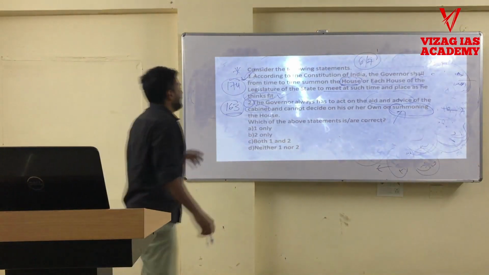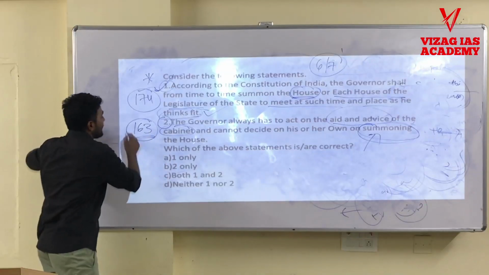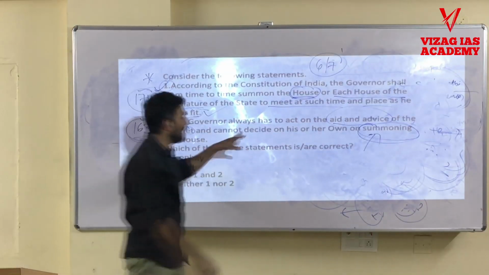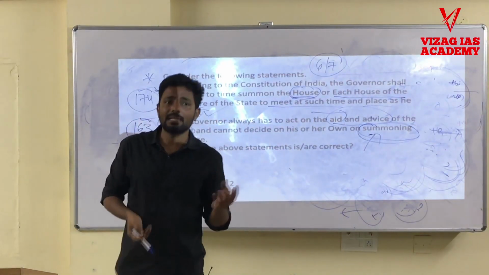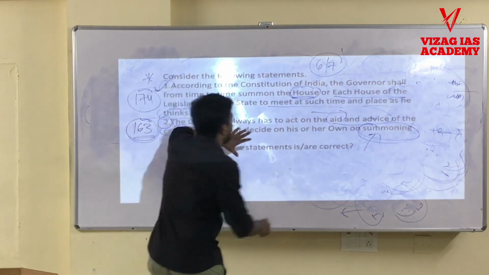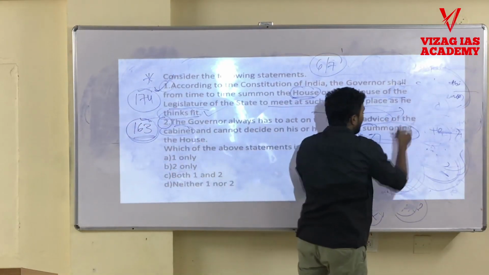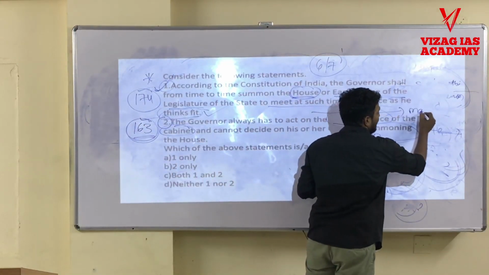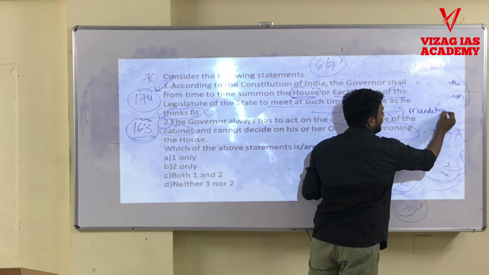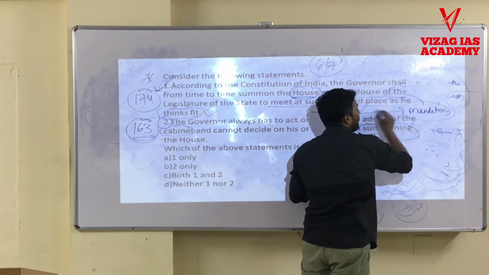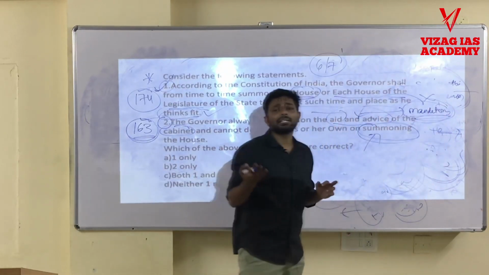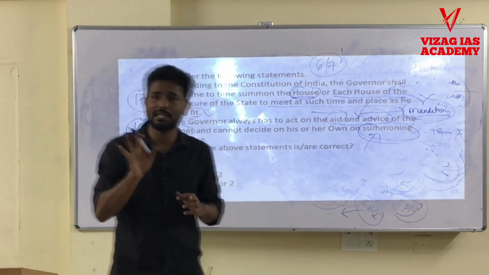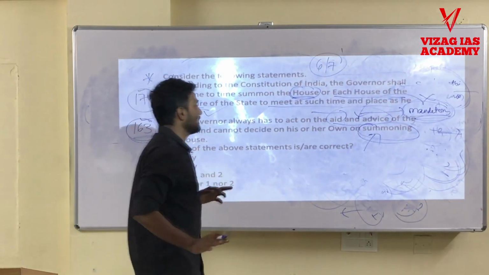So under ordinary circumstances he has to seek the aid and advice, but under certain circumstances this is not mandatory. The aid and advice tendered by the cabinet is not mandatory. Usually he has to follow, but in certain cases it is not mandatory, which means in certain instances the governor exercises his discretionary powers.